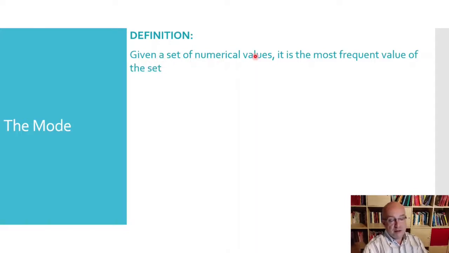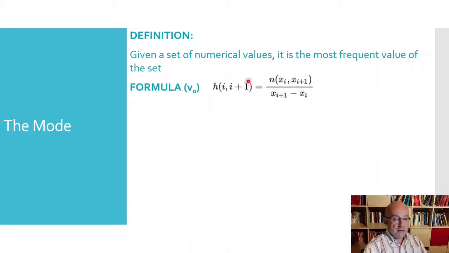Given a set of numerical values, it is the most frequent value of the set. This is the formula, a little bit complicated. I won't spend time to explain the formula, but I will go again to the example because I want you to immediately understand the concept.